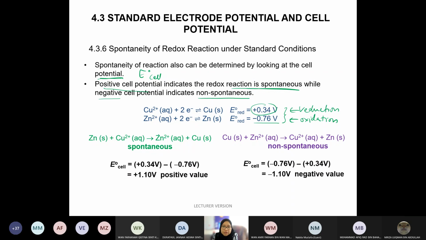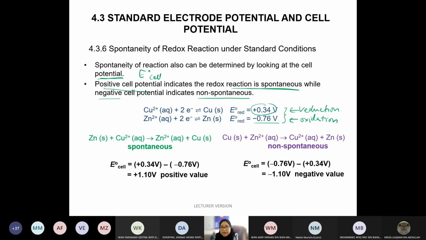Just remember those two. If you want to undergo oxidation, the value should be more negative. If it prefers reduction, that means the value should be more positive. That is how we choose our cathode and anode.